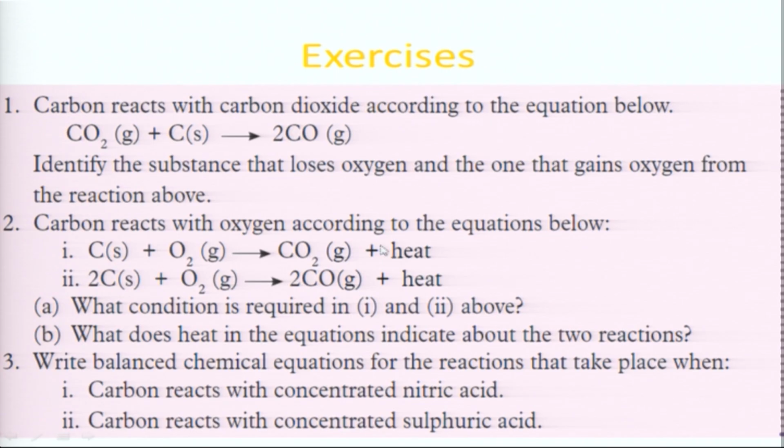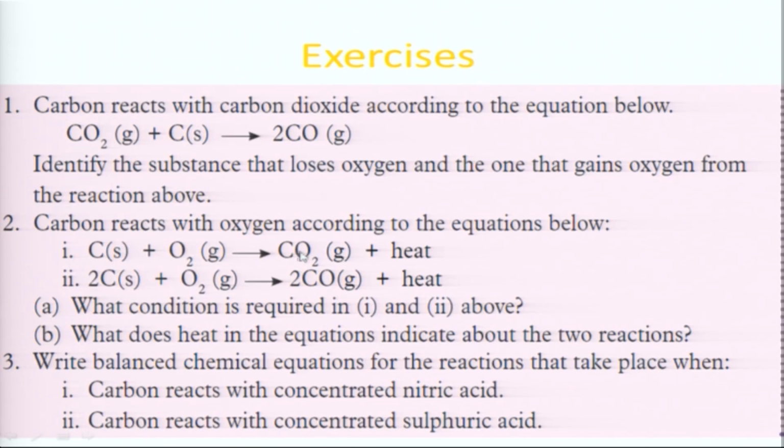Number one, carbon reacts with carbon dioxide according to the equation below. Carbon dioxide plus, we talked about that. So identify the substance that loses oxygen and the one that gains oxygen from the reaction above. All right? So carbon reacts with oxygen according to this equation. What condition is required in 1 and in 2 to form these ones here?